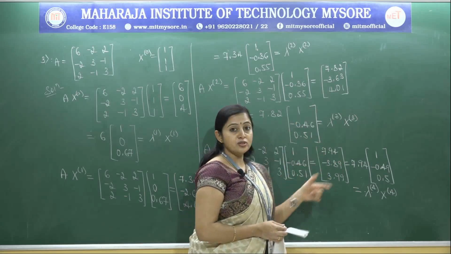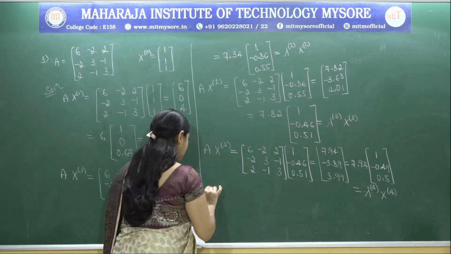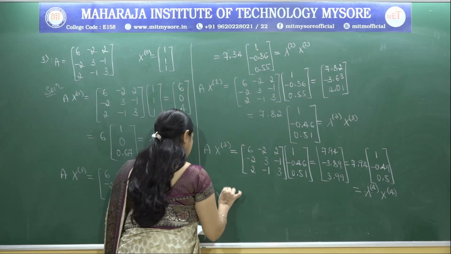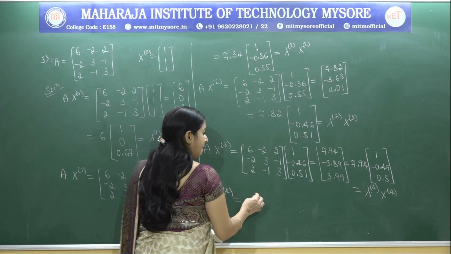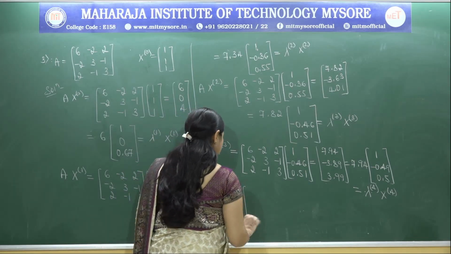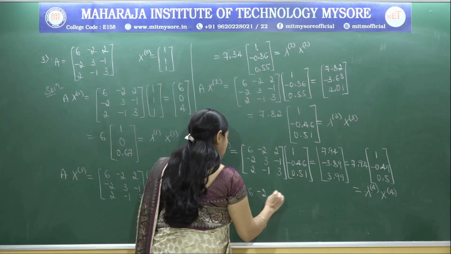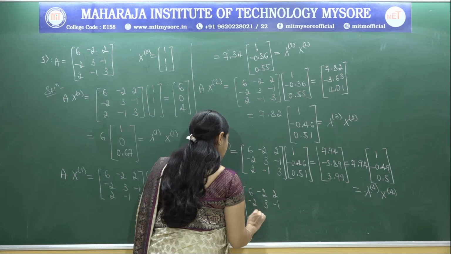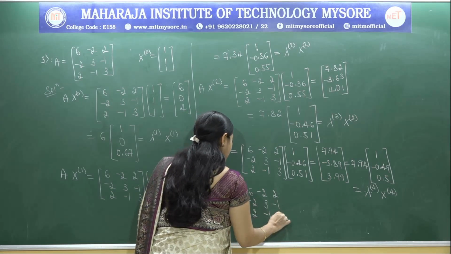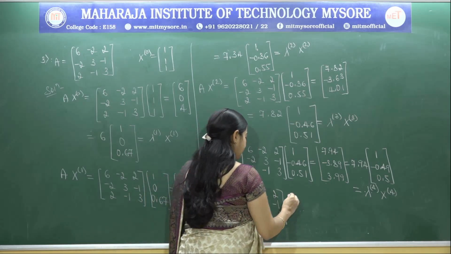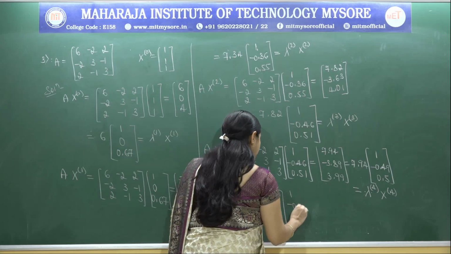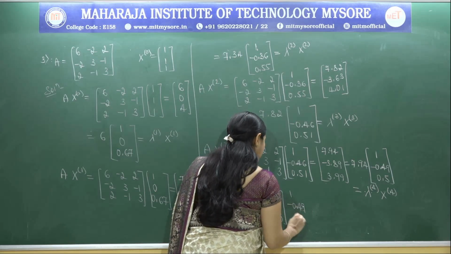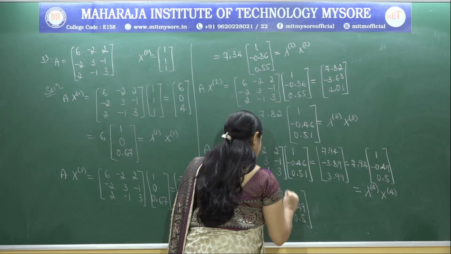Since you will not get the same values of lambda, you take one more iteration. It is A of x of fourth iteration. So it is 6, minus 2 and 2, minus 2, 3 and minus 1, 2, minus 1 and 3, with 1, minus 0.49 and 0.5.